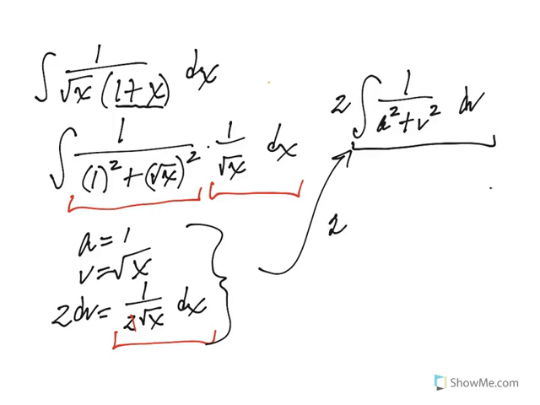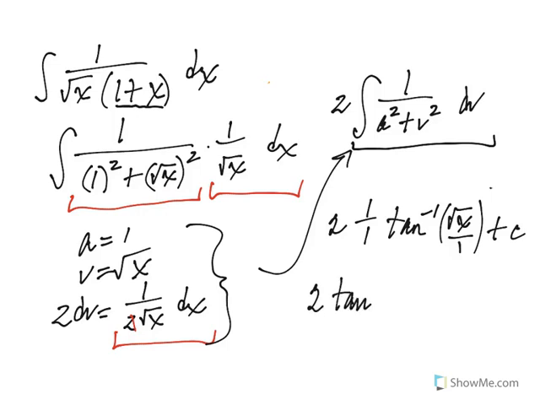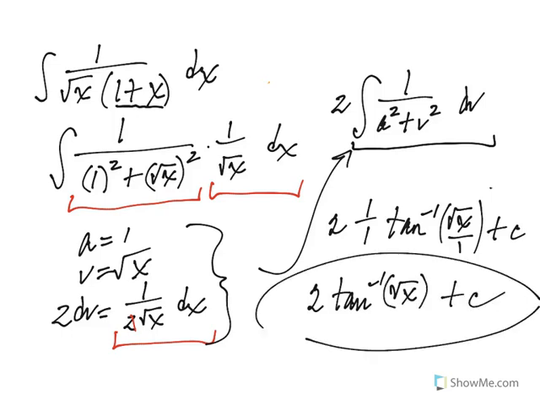I've got 2 times 1 over a. That's unnecessary, but we can write it still. Times the arctan of u over a plus c. And by the way, I'm arctanning that quantity right there. So my final answer is 2 times arctan of the square root of x plus c.